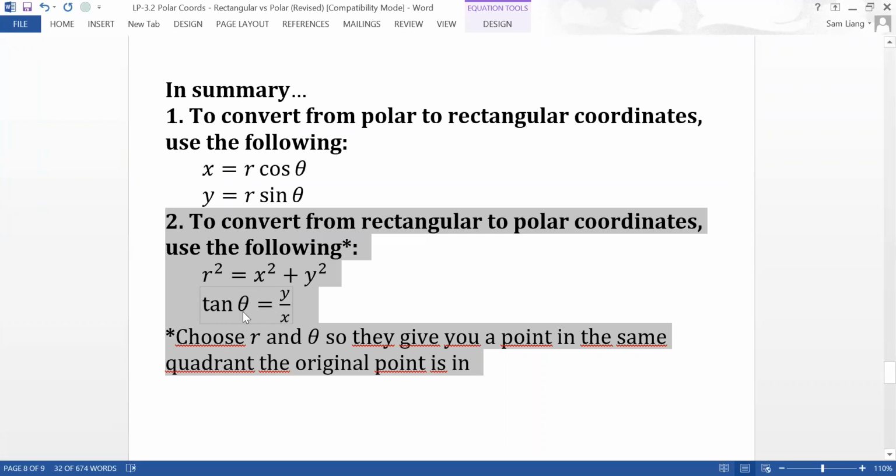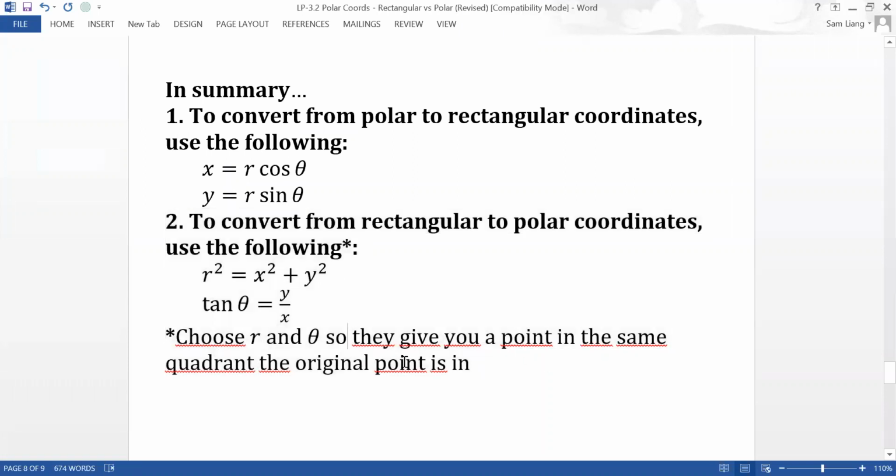Let's say tan theta equals 1. Then the angle theta would be pi over 4, that's quadrant 1, and 5 pi over 4, which is quadrant 3. So we can have two options for each of these formulas. That's why we have to choose r and theta so that they give you a point in the same quadrant. We have an extra step of matching them together so that they match the original point. We'll see some examples of that today.